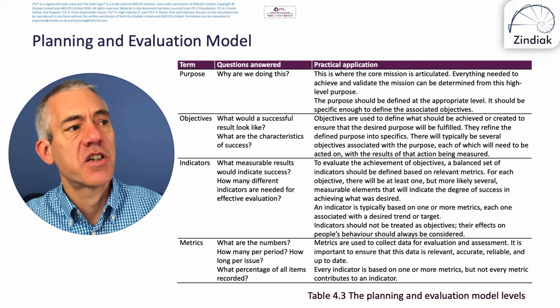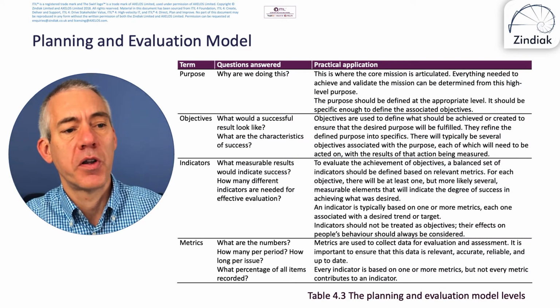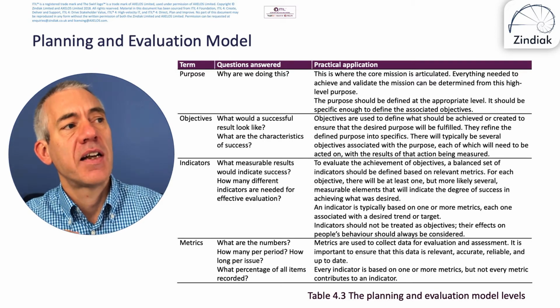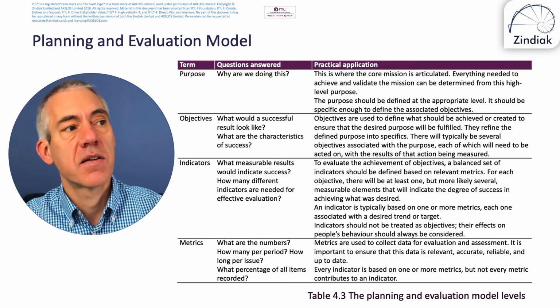And each of those 4 levels, we've got more detail in table 4.3. And you can see there, purpose answers the question, why are we doing this? Objectives answers the questions, what would a successful result look like? What are the characteristics of success?